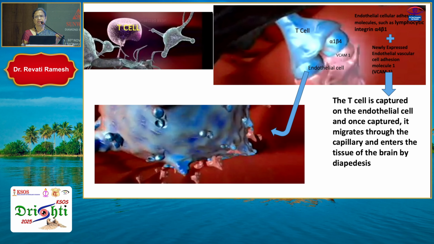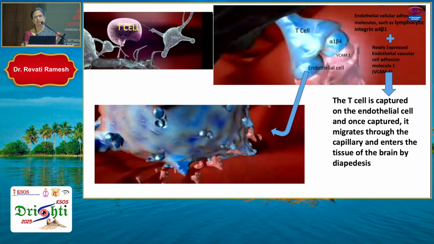Demyelinating diseases and any CNS inflammation require a massive influx of T cells into the CNS, and this usually happens by the T cells putting forward cellular adhesion molecules like integrin, and these react with the endothelial vascular adhesion molecules. The combination allows these T cells to breach the blood-brain barrier and enter into the CNS by a process called diapedesis or transcytosis.